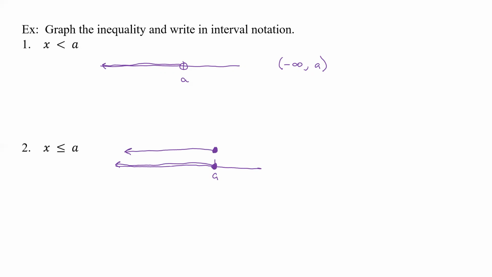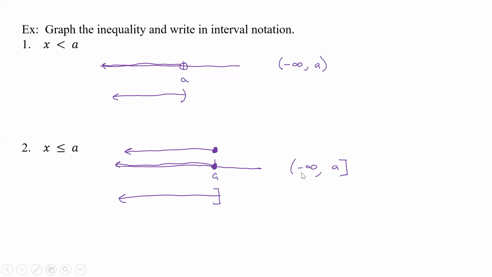Here I try to put it on the number line and then just draw a little bit above it. Again, we're going to negative infinity this way, so that's our start, and we're going up to a, and then we have that bracket. So again, open, closed, and parentheses, brackets. We could have done a parenthesis in that direction, and here we could have done a bracket in that direction. So it all depends on what you have there.